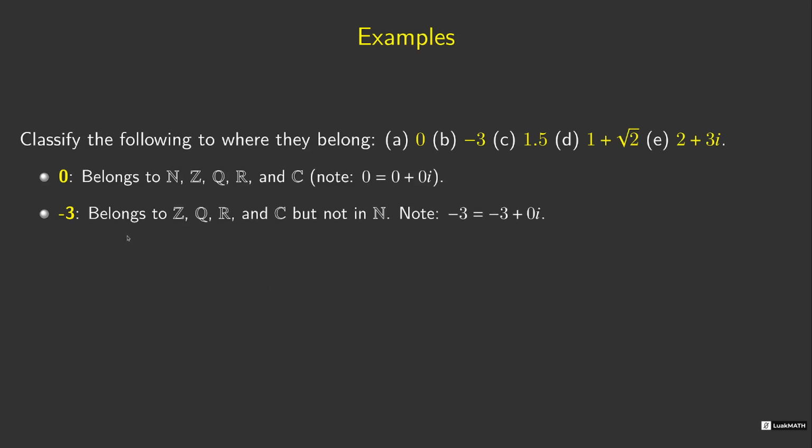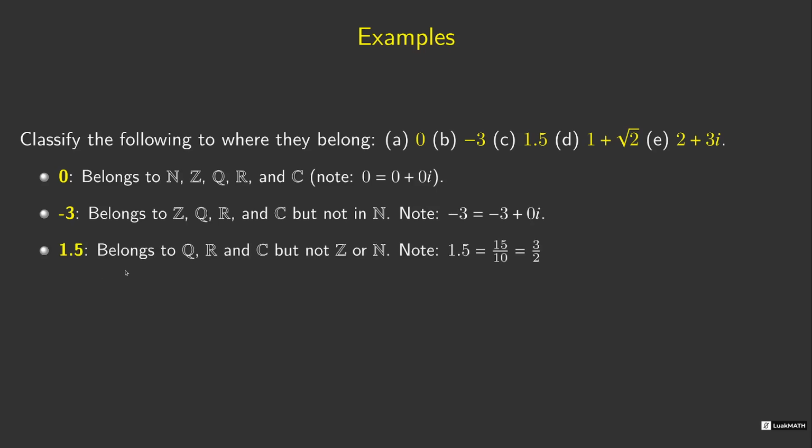Okay? -3. Clearly, -3, the only set of numbers that it does not belong to is N. Remember, N are the set of whole positive numbers. Otherwise, -3 is an integer, a rational number, a real number, and a complex number. And notice how you can write it as a complex number here. 1.5.